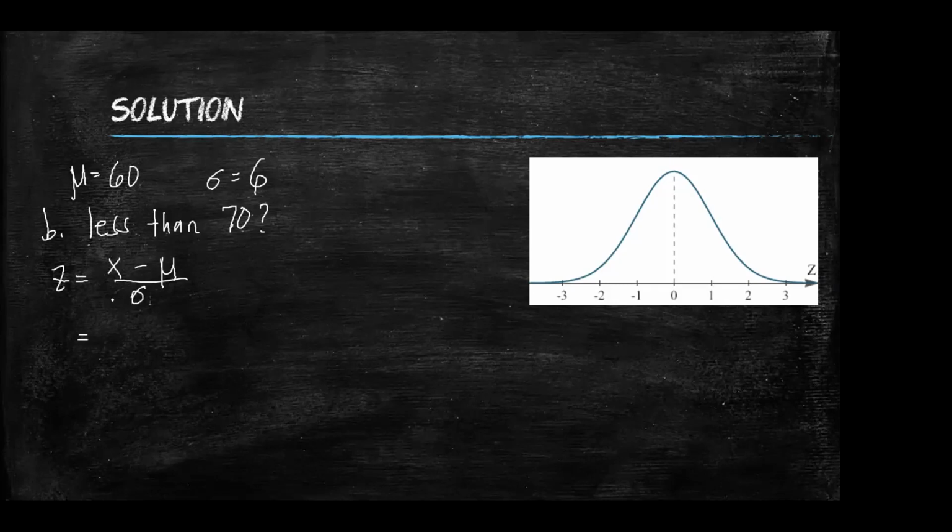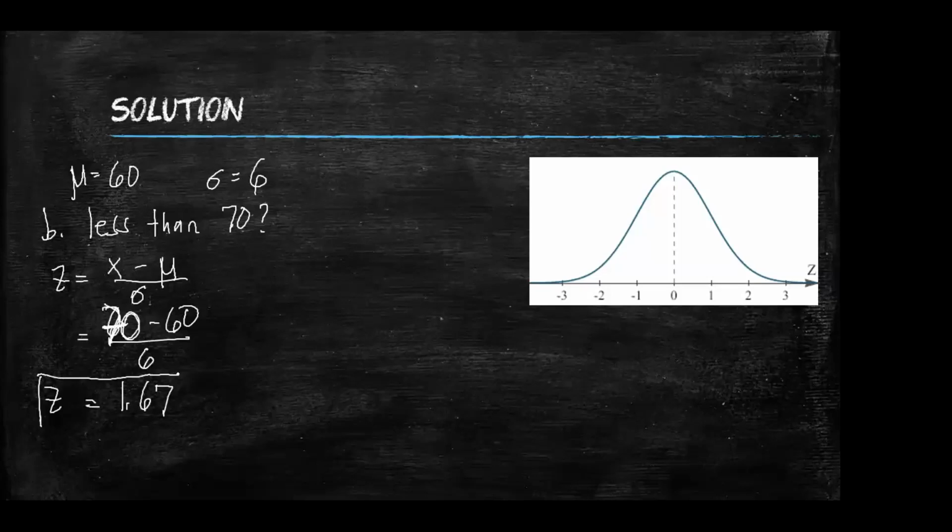Tapos, paki-solve. 70 minus 60 over 6. Okay, so diretsuhin nyo na. 10 over 6. 70 minus 60, 10, divided by 6, that would be 5 over 3 or 1.67 rounded off. Okay, so that is our z-score.